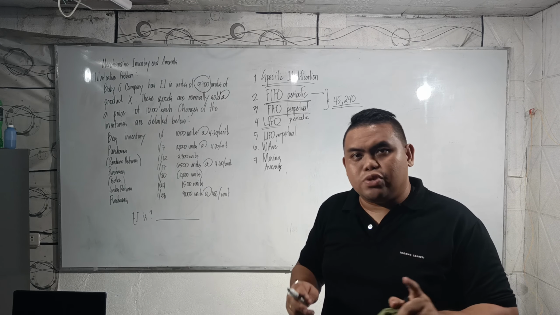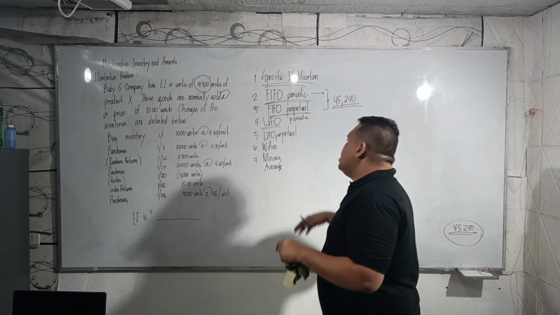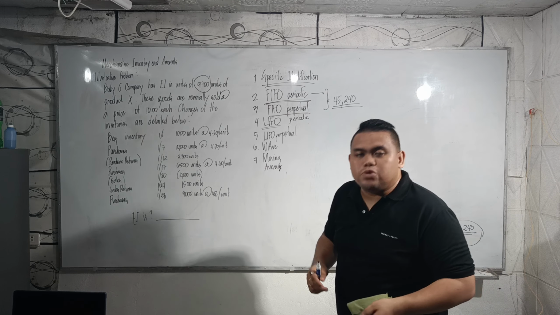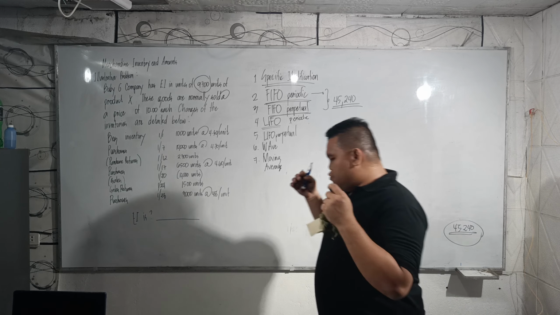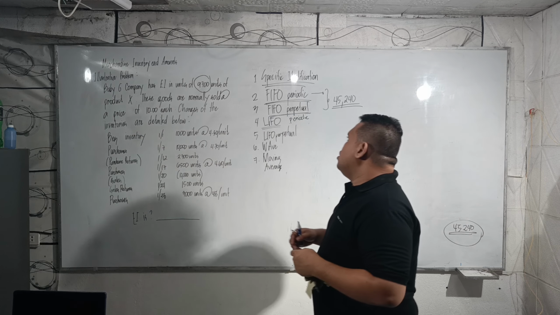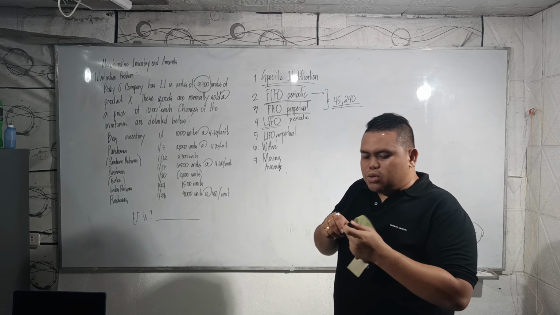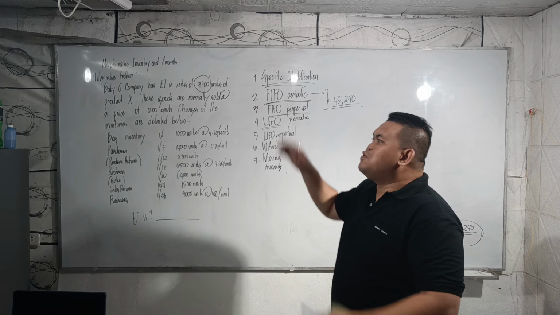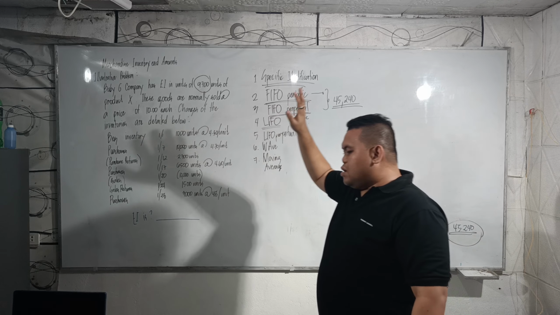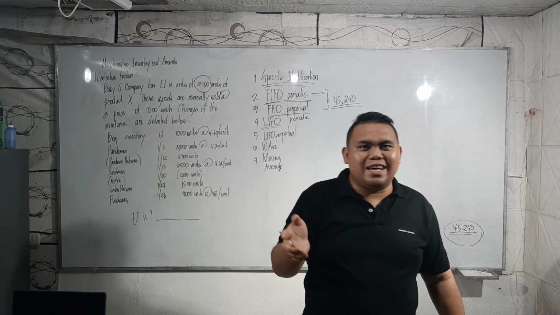That is just an assumption. Again, the last in, first out, the first in, first out, and the others are just assumptions. They do not really reflect the actual selling of the goods. For example, when we talk about first in, first out, it doesn't mean that when you actually sell, you have to sell first the inventories that were received first by the company. It's not like that.